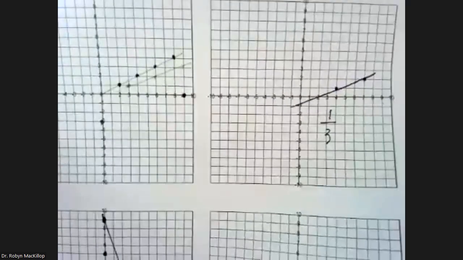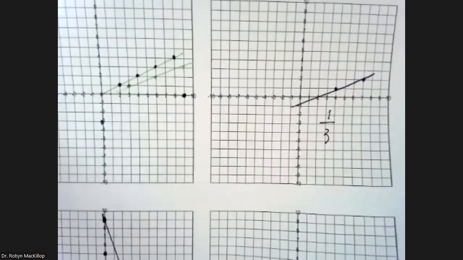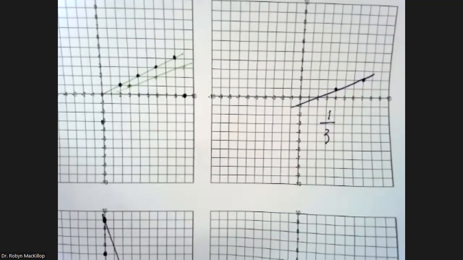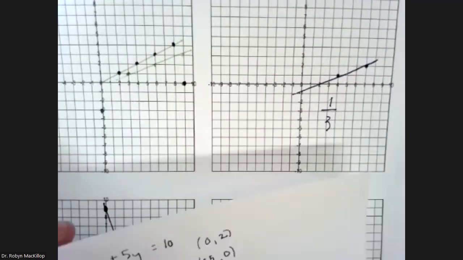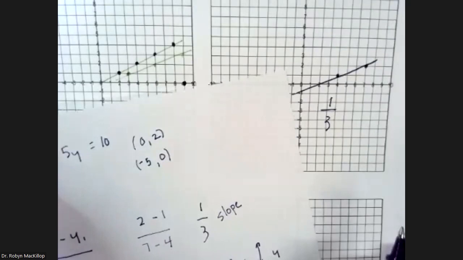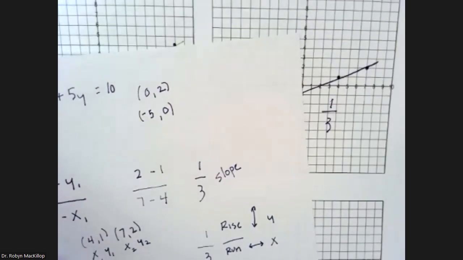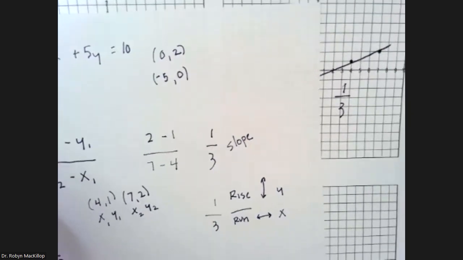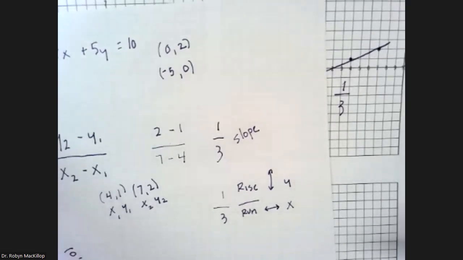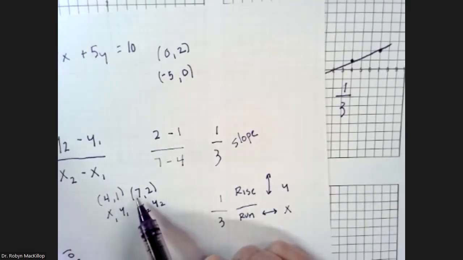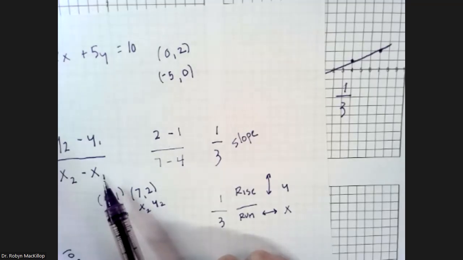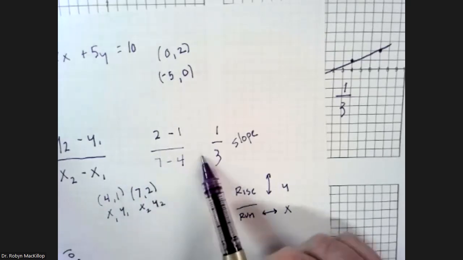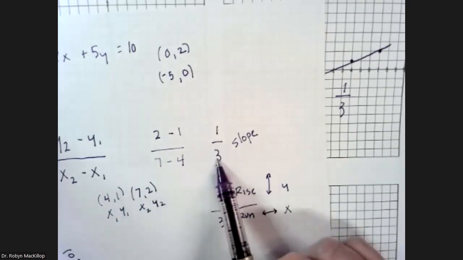Is that crazy? Let me bring this so you can see both. It's craziness. It all kind of goes together, doesn't it? Let's see if I can get this all on. So we took the two ordered pair that they gave us, we plugged them into this formula, which is the slope form, filled it in, and we got a slope of 1/3.